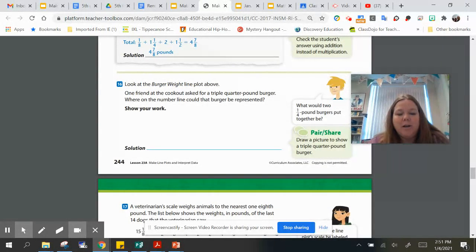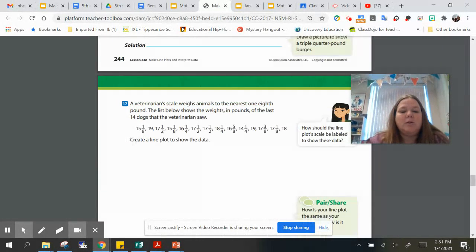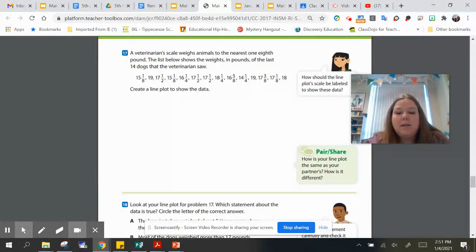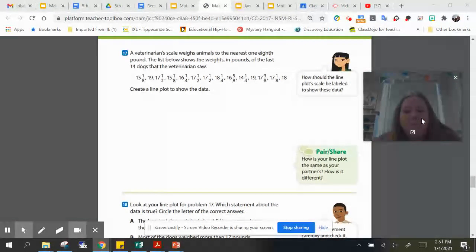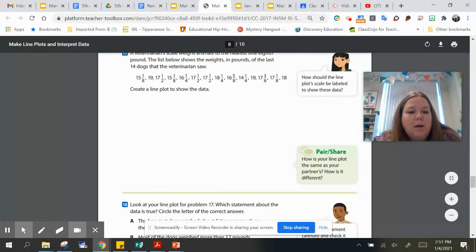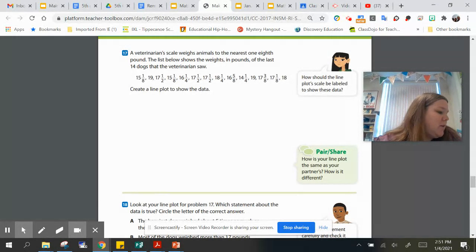All right. So now let's go here. It says that a veterinarian scale weighs animals to the nearest 1/8 pound. The list below shows the weights in pounds of the last 14 dogs the veterinarian saw.